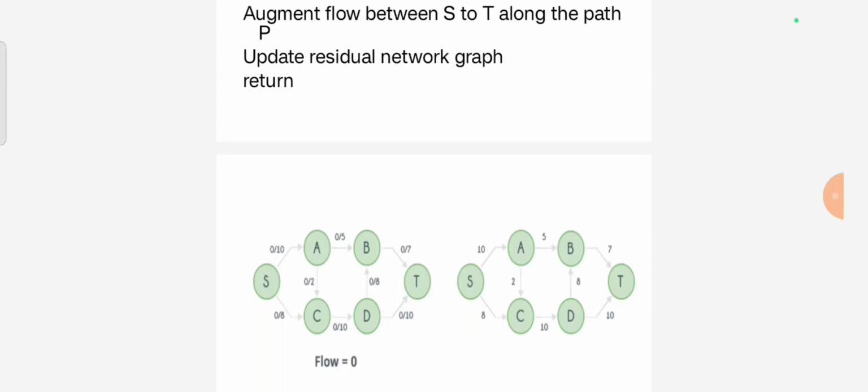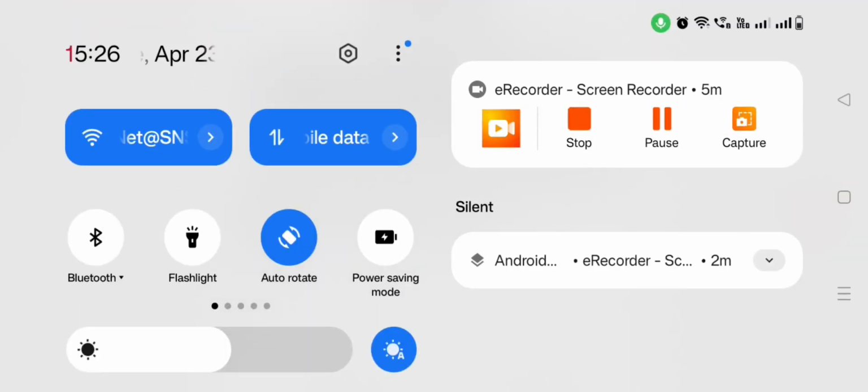So let's see how it solves a sum. This is the maximum flow problem in unit 4. The theory part is uploaded in the SNS courseware, and you can make use of it. Now we will see only the problem.